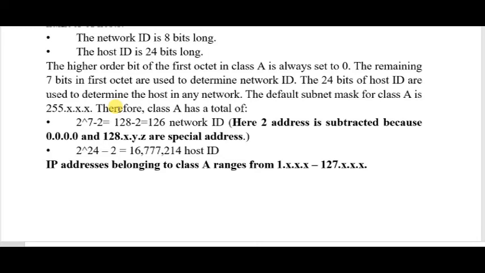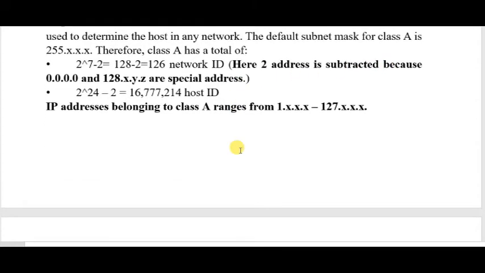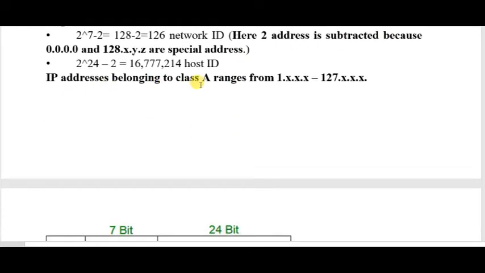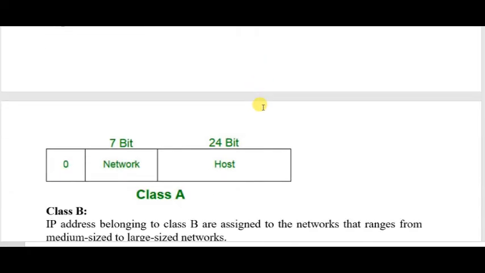So 2 to the power 7 minus 2, that is 128 minus 2, which is equal to 126 network IDs. And the first and last address is reserved. The IP addresses belonging to the class A range from 1.x.x.x to 126.x.x.x.